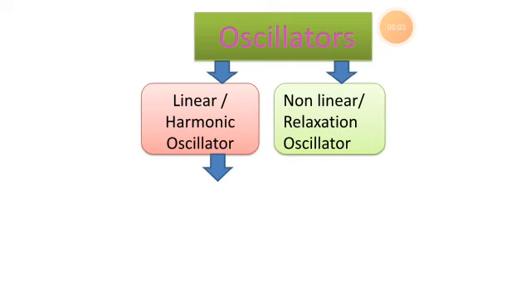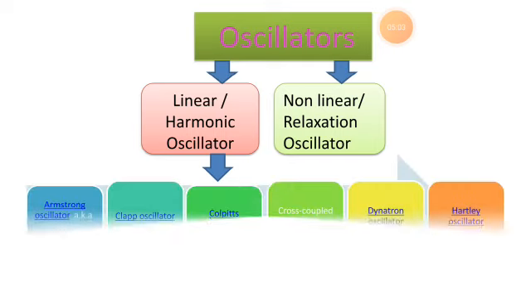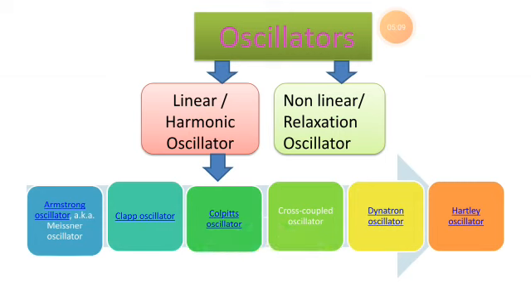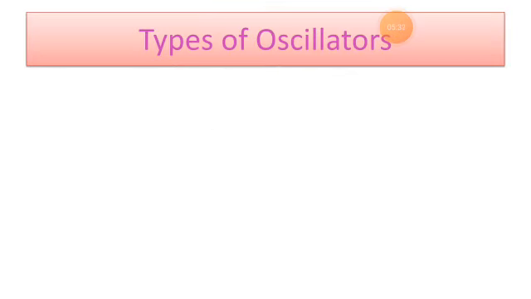Now these oscillators are of two types: linear harmonic oscillator and non-linear relaxation oscillator. Under the heading linear harmonic oscillator, there are different types of oscillators that we will study in this part. That is Armstrong oscillator, Clapp oscillator, Colpitts oscillator, cross couple oscillator, Dynatron oscillator, Hartley oscillator.